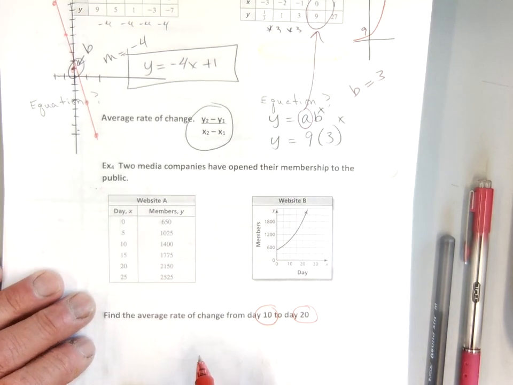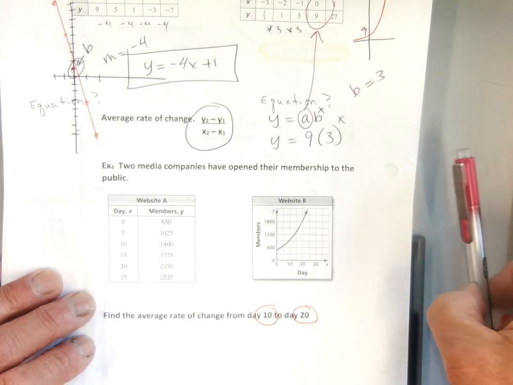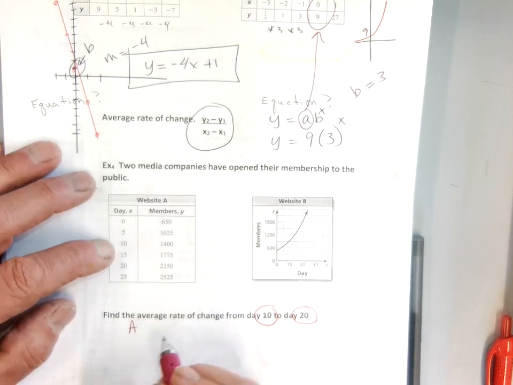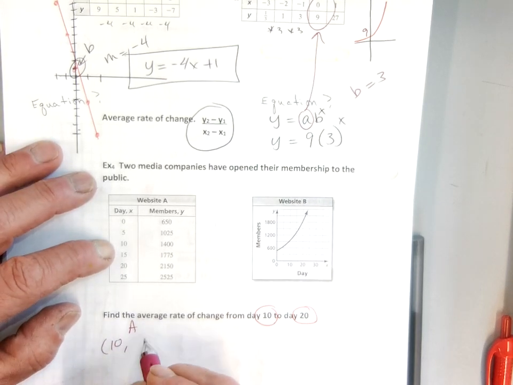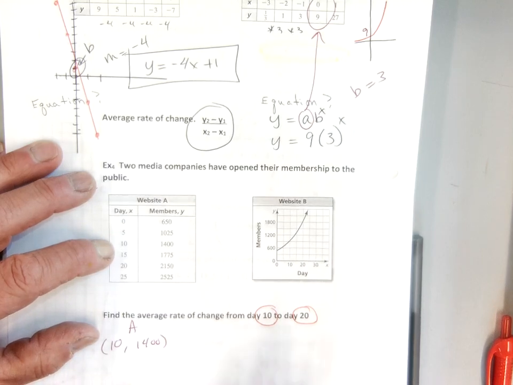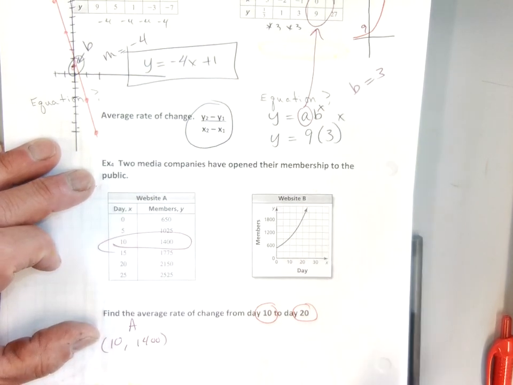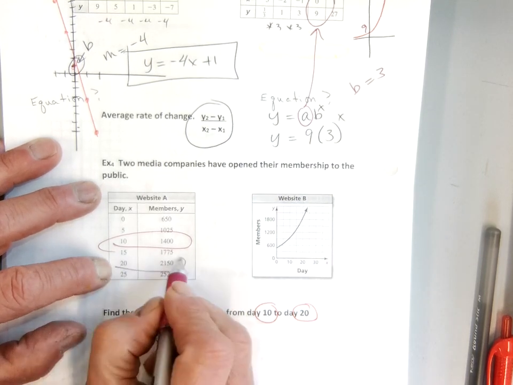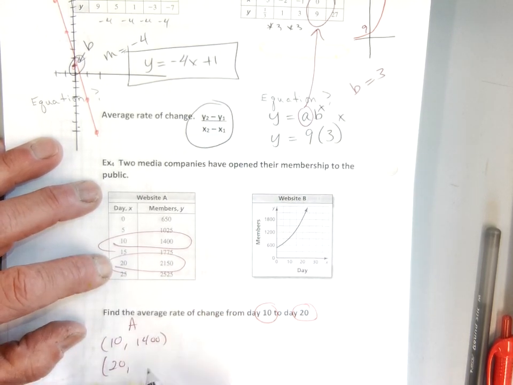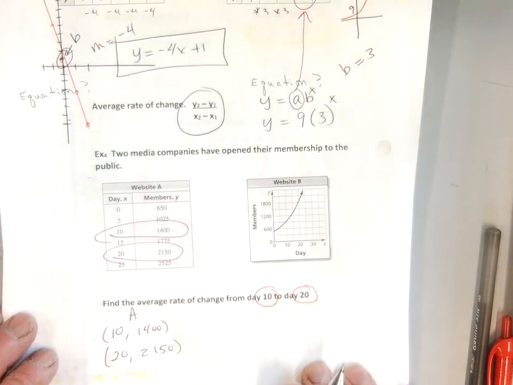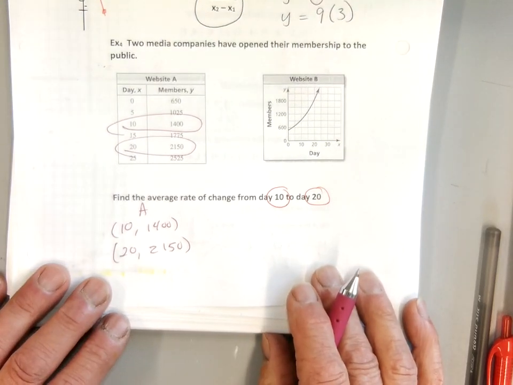Okay, let's take a look at website A. Day 10 has 1,400 members. Let's circle that. There's day 10. Day 20, I'm going to circle that, has 2,150 members. I'm just going to take a look at my charts.